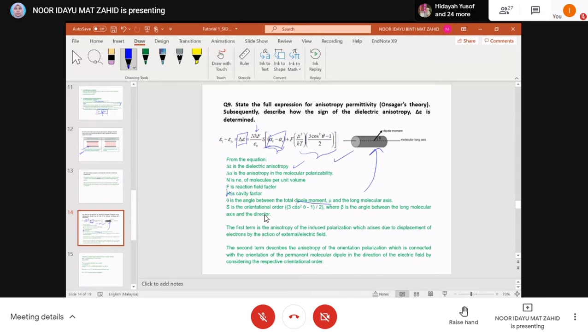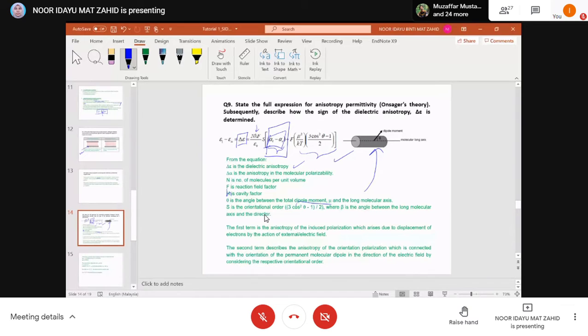Next question, describe how the sign of delta epsilon is determined. From this equation, the first term refers to the anisotropy of the induced polarization, which arises due to the displacement of electrons by the action of the electric field.